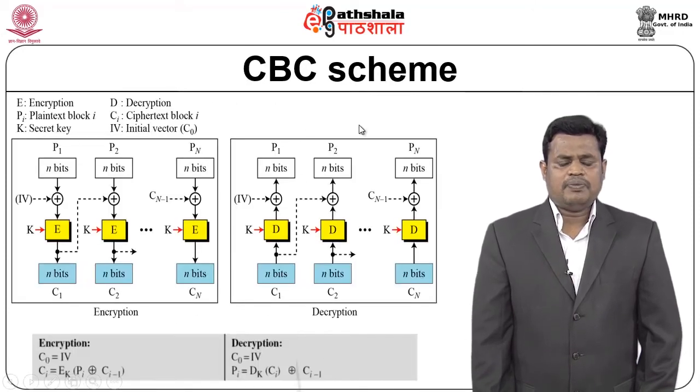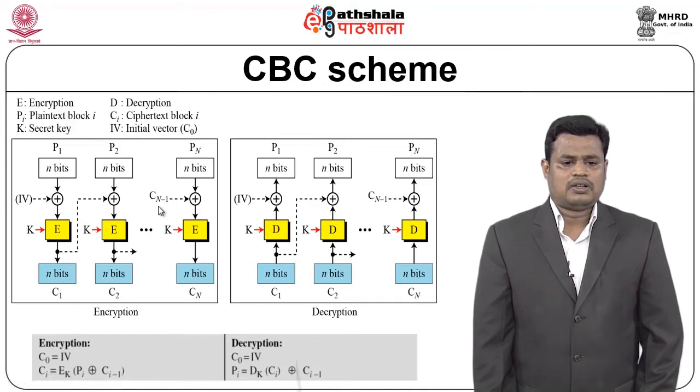In the CBC scheme, the diagram is similar to that of ECB, but there are two changes we can observe. One is that the first block has an IV, the initial vector, whereas the second block always takes its input from the output of the previous block.